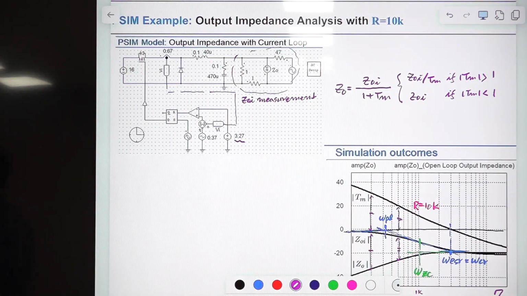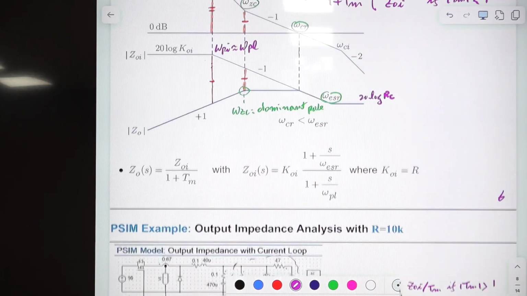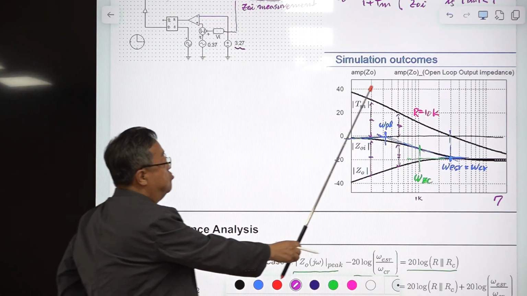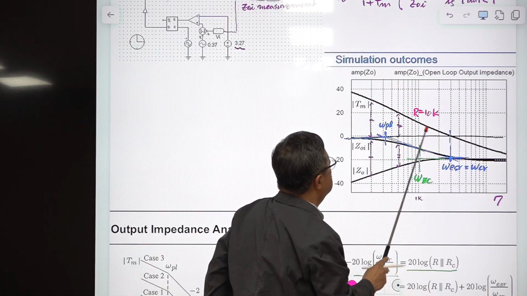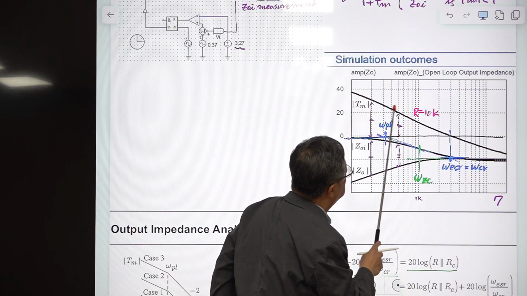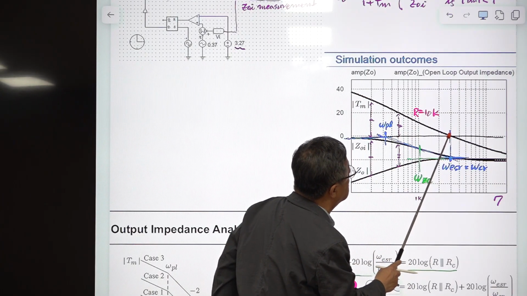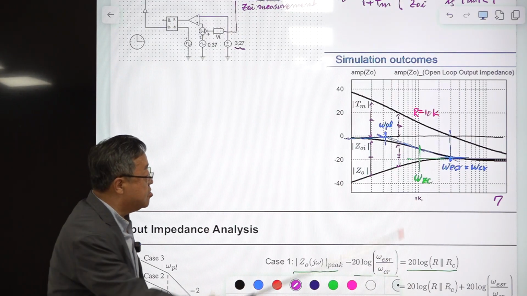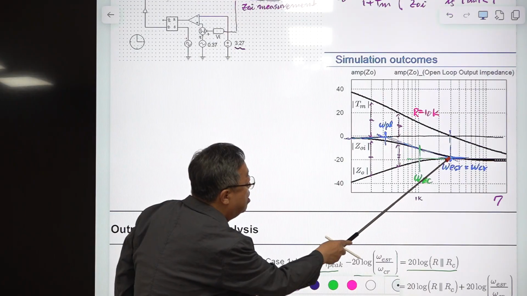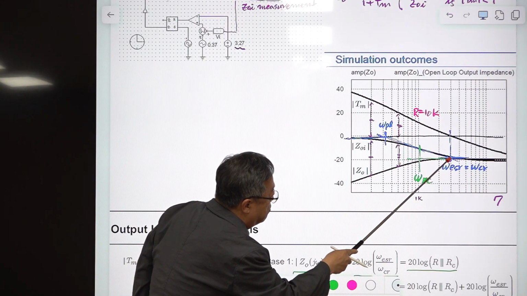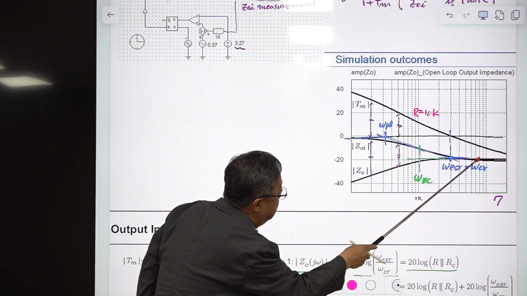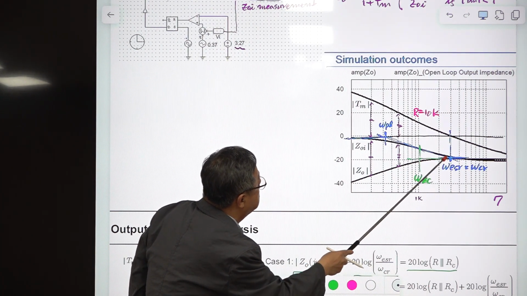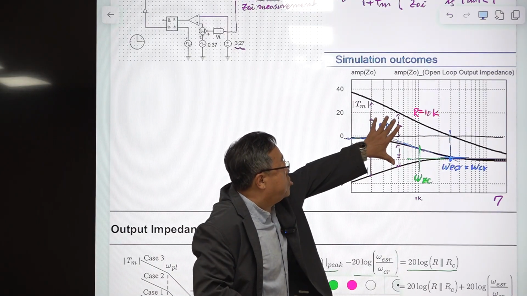And this plot justifies our previous construction process. Right? So this is the loop gain. This is the loop gain crossover frequency, and this loop gain is shaped to have the crossover frequency at the omega ESR of the output stage. So in that case, at this omega ESR, it starts to be a horizontal line, and before this, it follows this, and before this, there is a subtraction rule.